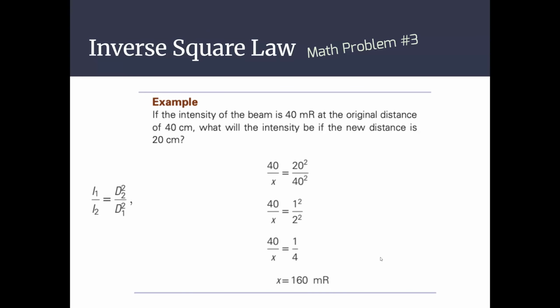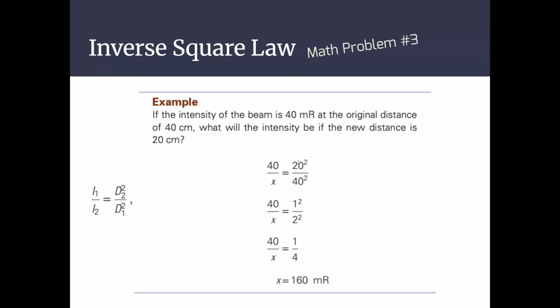You could do this with centimeters or millimeters, you just can't mix them. We're not going to ask you to convert, but just so you know, consistency in an algebra problem is important. In the case of the inverse square law, it doesn't matter what intensity measure or distance measurement you use, as long as you're consistent.